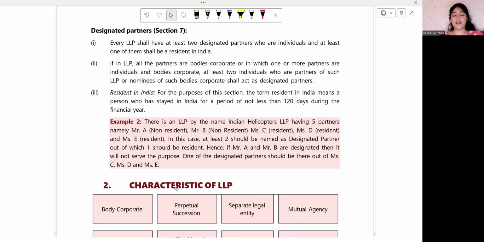And one more thing you write down, save otherwise. Like for understanding purpose, it is except to the extent of specific provision made. Write down except to the extent of specific provision made.